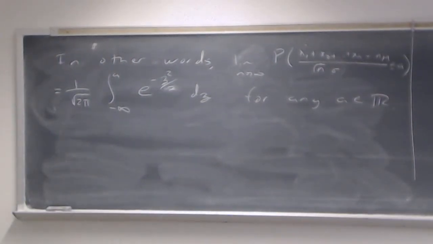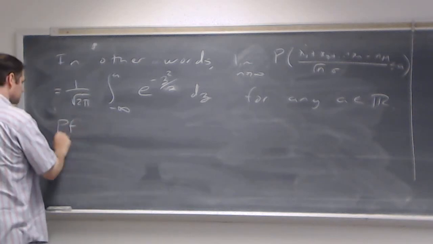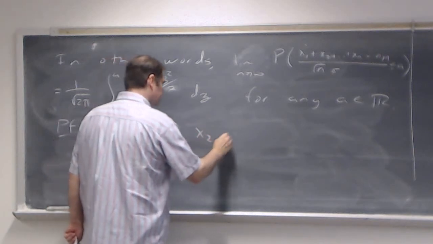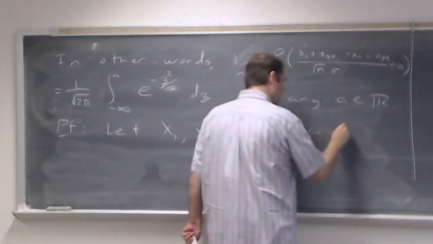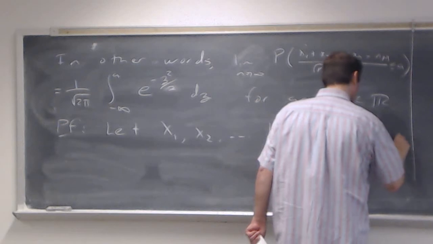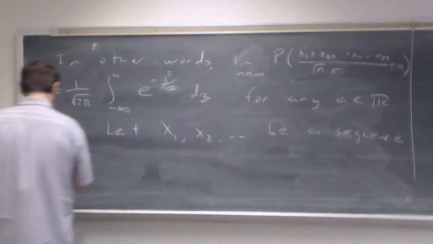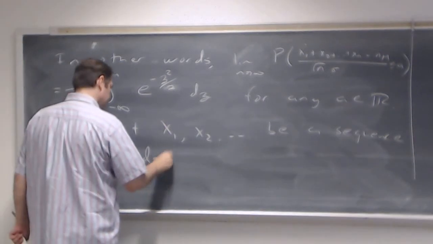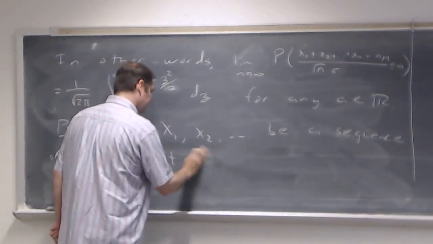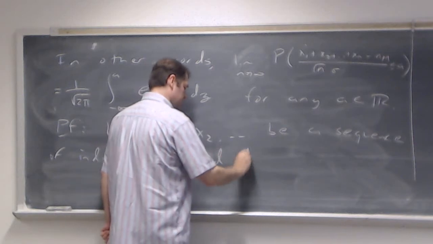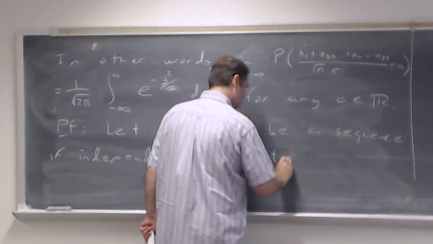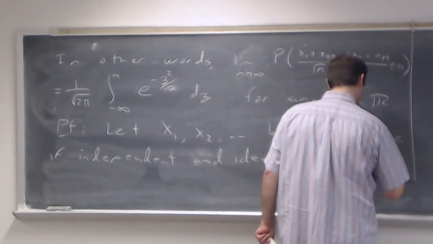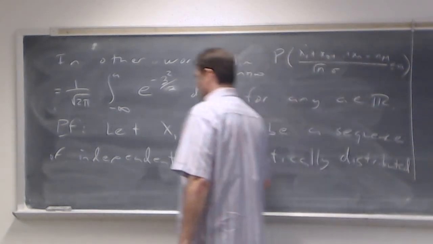Okay, let's look at the proof. So let X1, X2, and forever be a sequence of independent, identically distributed random variables.